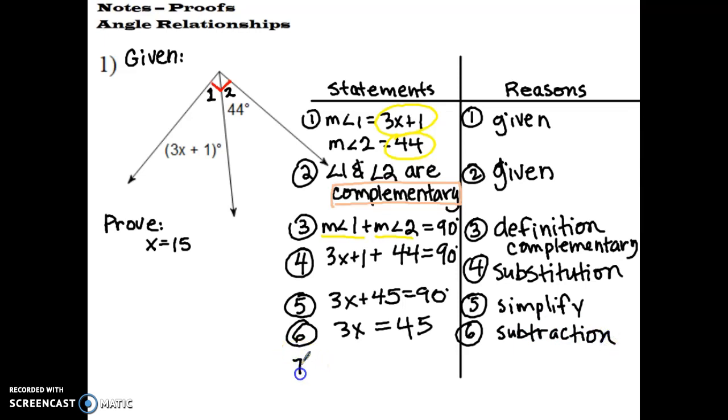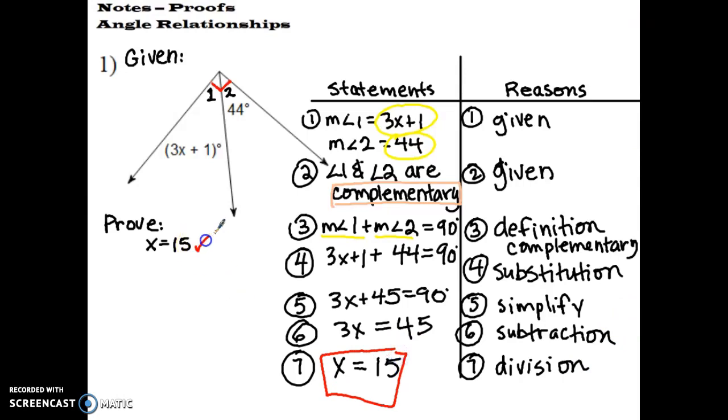And finally, I'm going to divide by 3. Remember, you are done with your proof when your last statement looks exactly like what you're trying to prove.